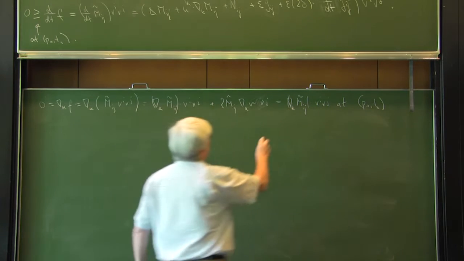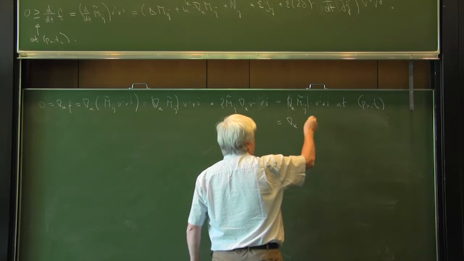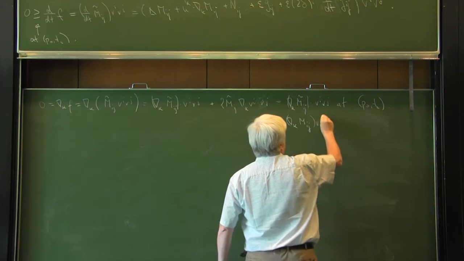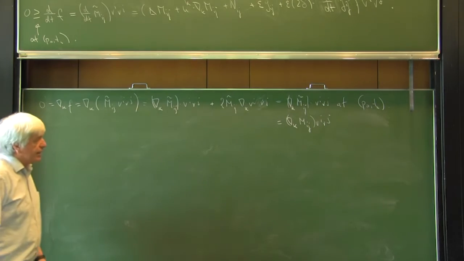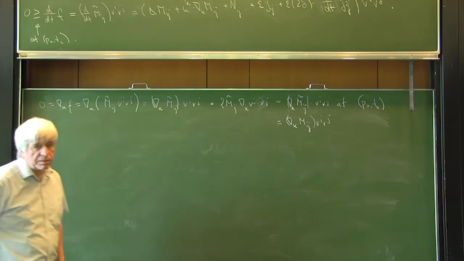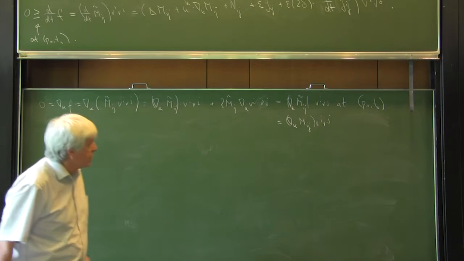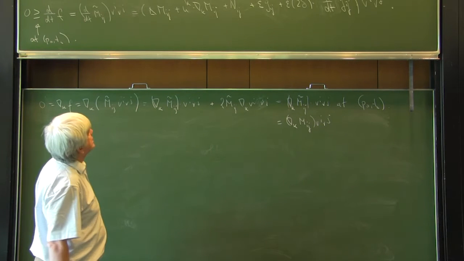And the gradient of m tilde ij is of course the same as the covariant derivative of mij, since the extra term is just a constant times the metric, so the covariant derivative is the same.